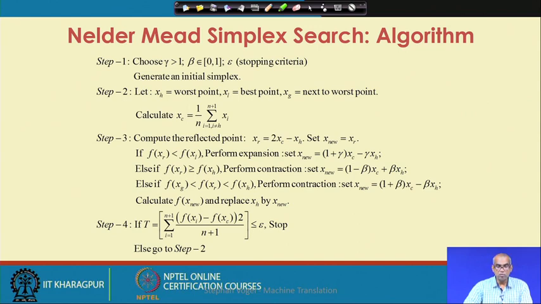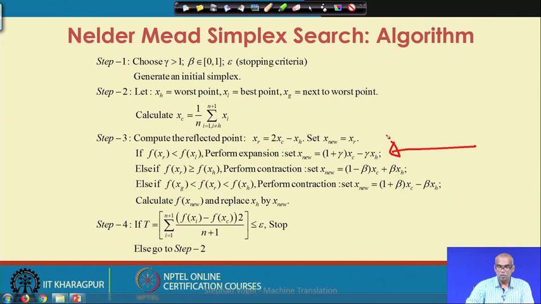If the function value at the newly reflected point is less than the function value at xl, that means the newly reflected point is the best among all, we perform expansion. So, when you perform expansion, the new point is obtained as (1 plus gamma) xc minus gamma xh. So, this is expansion. Else if the function value at the reflected point is greater than or equal to the function value at the worst point, we perform contraction.